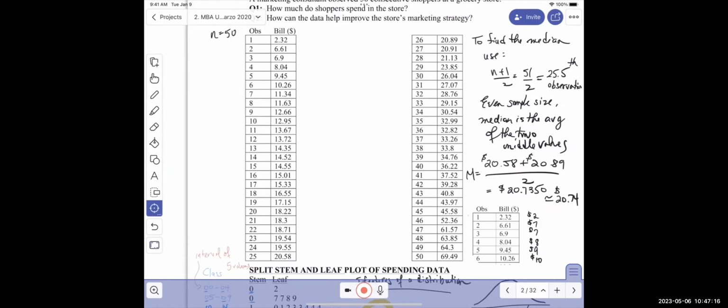Any questions about the median? If you have an odd number of values, the median will actually be one of the observations, the middle observation.